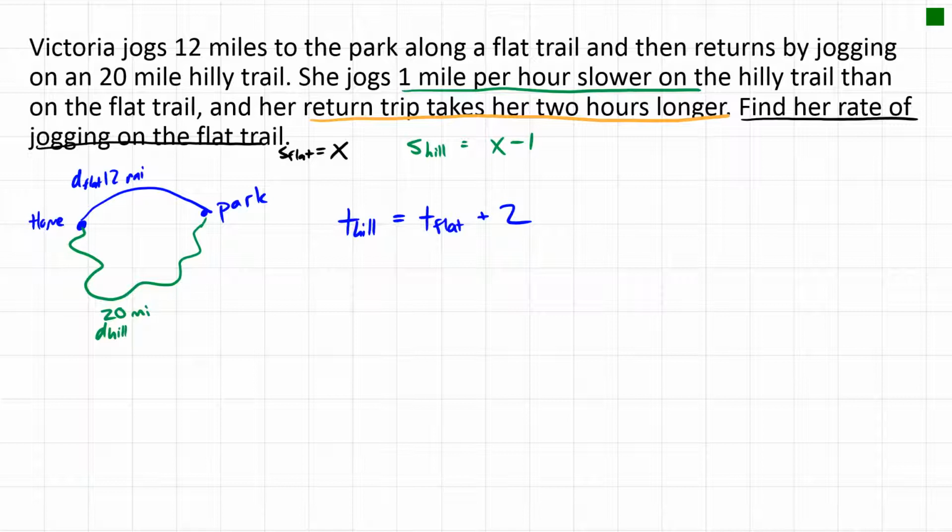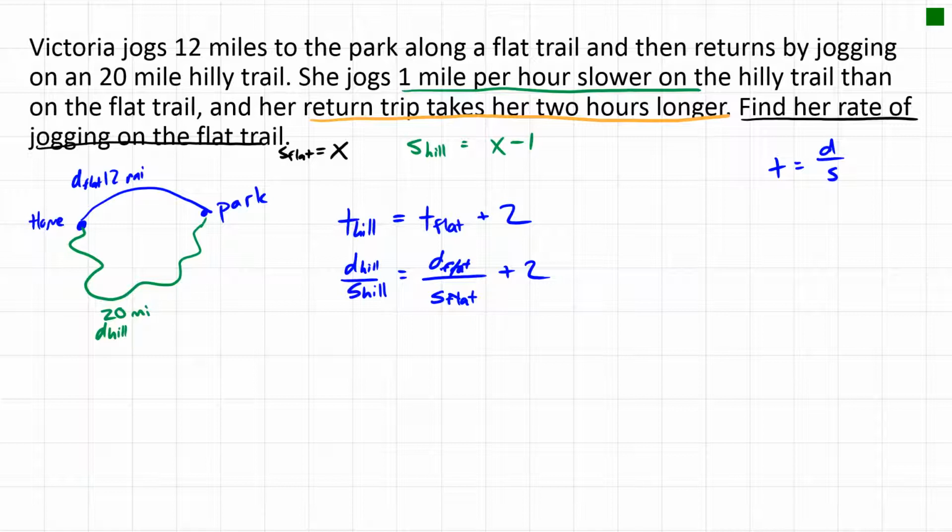Now I can go ahead and replace my times with speeds and distances. So time is equal to distance over speed. So the time to do the hilly trip is the distance of the hilly trip over the speed of the hilly trip, which is equal to the distance of the flat trip over the speed of the flat plus 2.